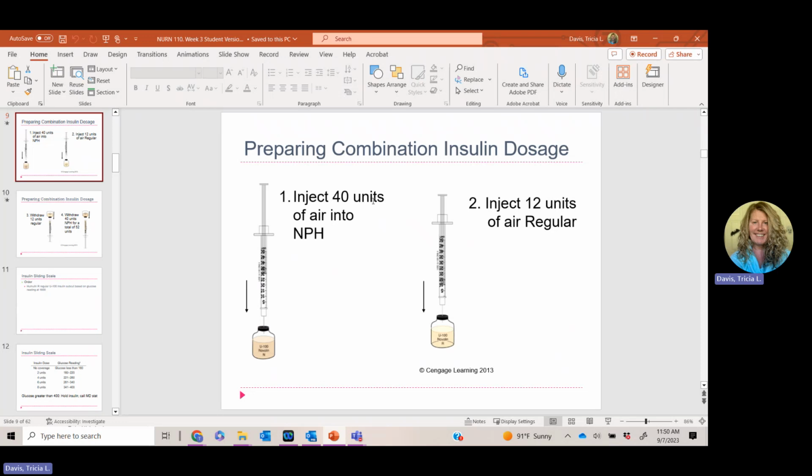We inject air into the bottle, and then we'll flip the bottle upside down, and it'll help us to be able to draw our medication in. It creates some pressure in there to make the medication come out easier.